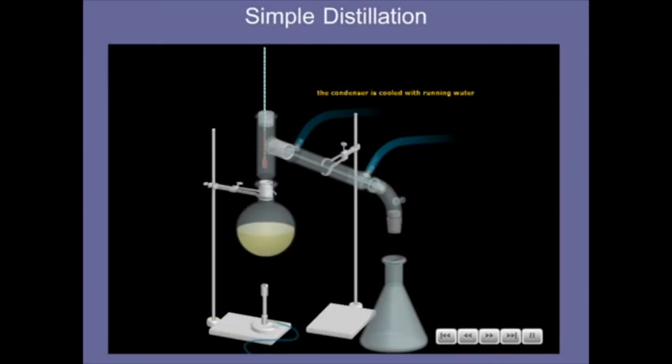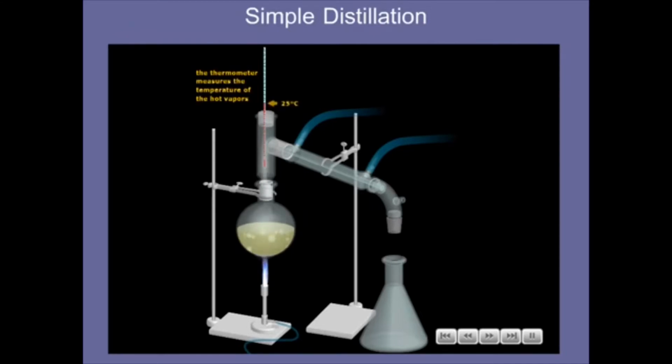When performing a distillation, first the condenser is filled with cold running water. Next, heat is applied to the mixture which is to be distilled. The mixture is heated until it boils, and the hot vapors will travel up the distillation head. Measuring the temperature of the vapors helps us to identify the liquid being distilled, and will help to confirm its purity.